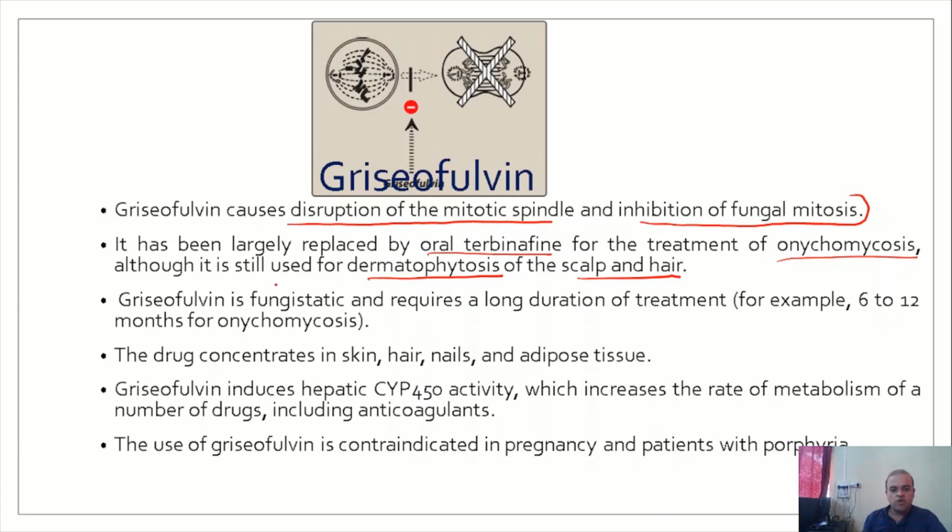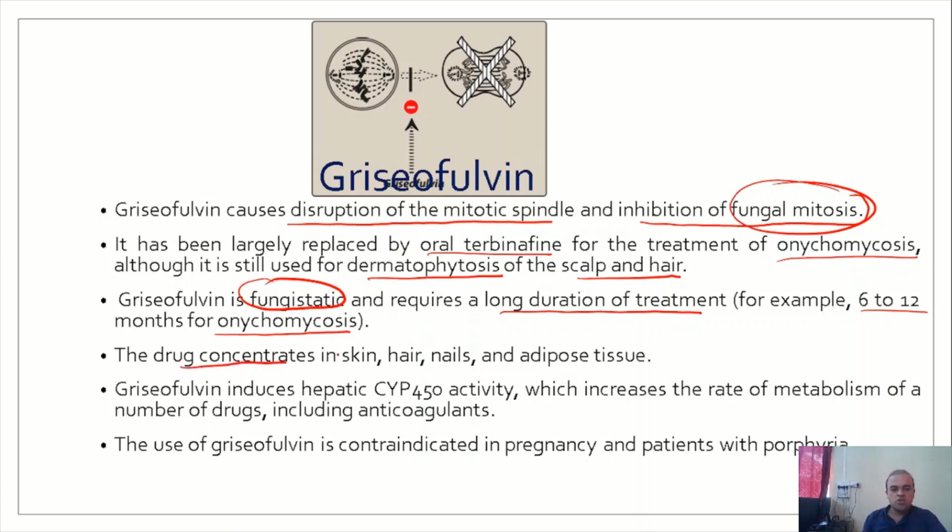Griseofulvin is fungistatic because it inhibits the multiplication of the fungi. It doesn't cause fungal cell death, and it requires a long duration of treatment, for example 6 to 12 months for onychomycosis, whereas in the case of terbinafine it is only 3 months.